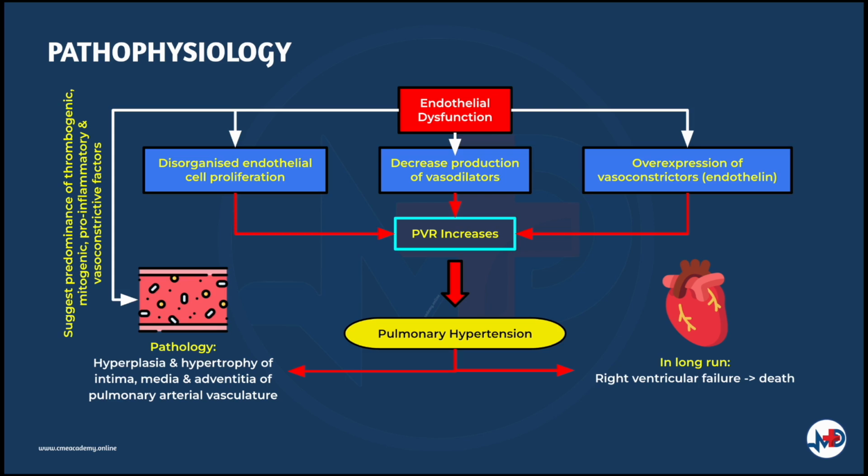On pathology, patients with pulmonary hypertension are found to have hyperplasia and hypertrophy of the intima, media, and adventitia of the pulmonary arterial vasculature. These changes suggest the predominance of thrombogenic, mitogenic, pro-inflammatory, and vasoconstrictive factors as a consequence of endothelial dysfunction. In the long run, the right ventricular overload leads to right ventricular failure and eventually death.